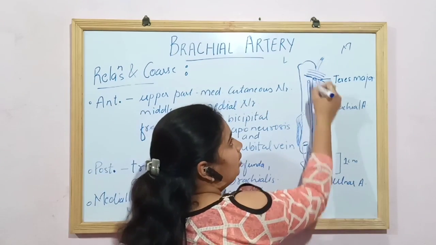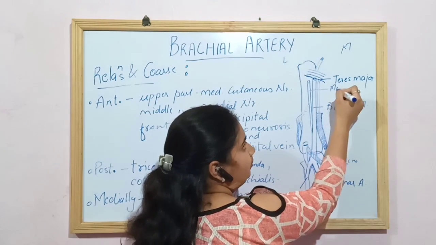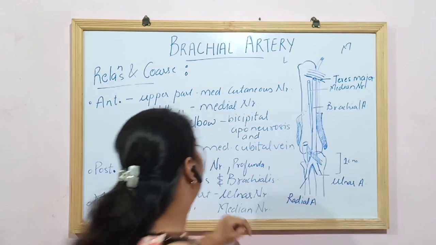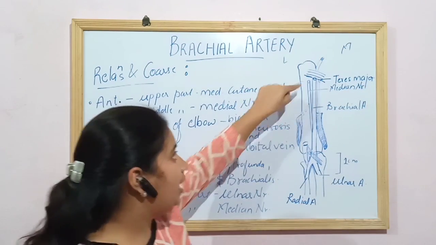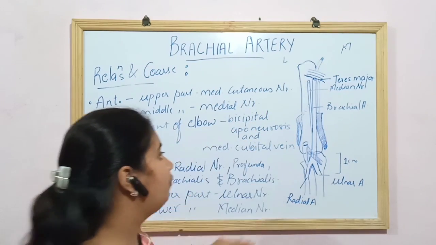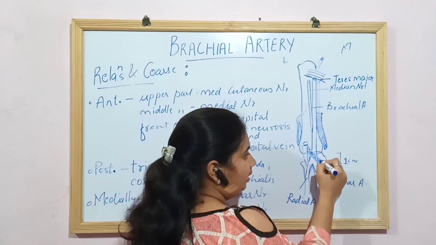As you can see, this is the upper part of the brachial artery and this is the median nerve of the arm. And in front of the elbow, moving downwards, it is in relation with the bicipital aponeurosis. Can you see this?